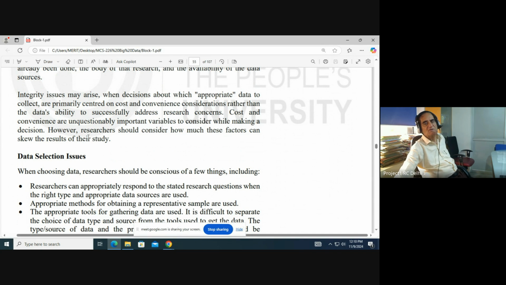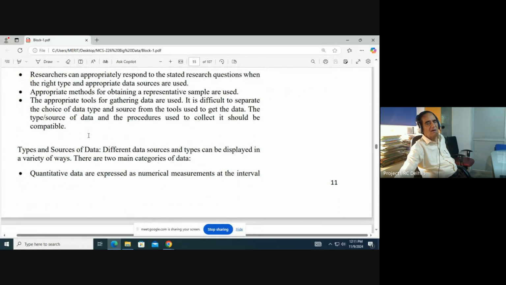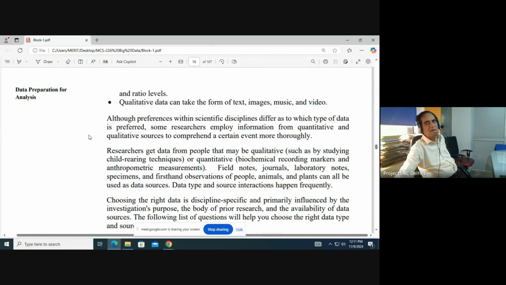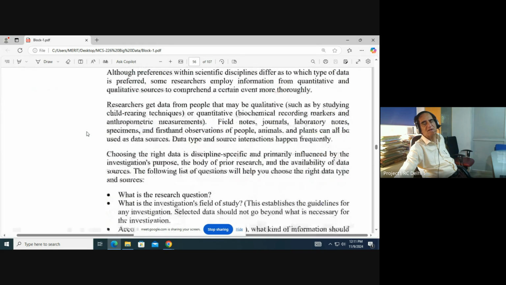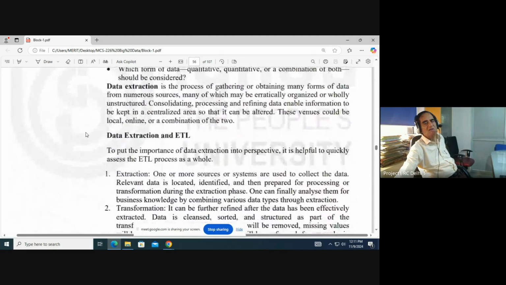A researcher should be conscious of a few things: which data to use where, and how to properly handle unstructured data. Researchers get data from people that may be qualitative, such as by studying child rearing techniques, so field notes, journals, and all these things. Laboratory, say, what is the research question. So all these things are data extraction.